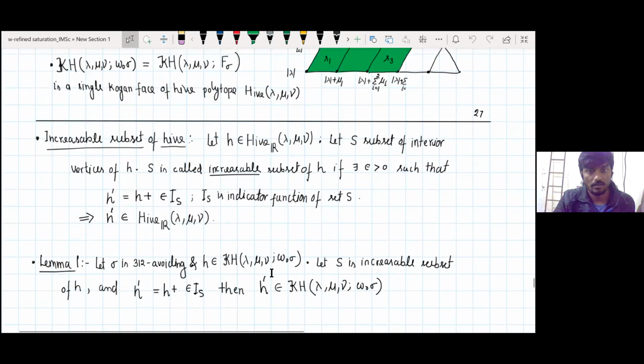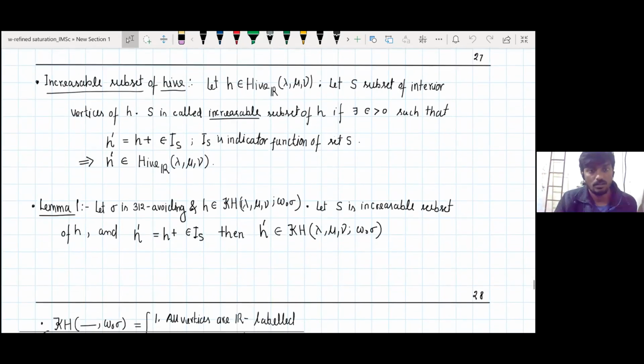Now we apply the Knutson and Tao result. Here is one small notion, the increasable subset of a hive.